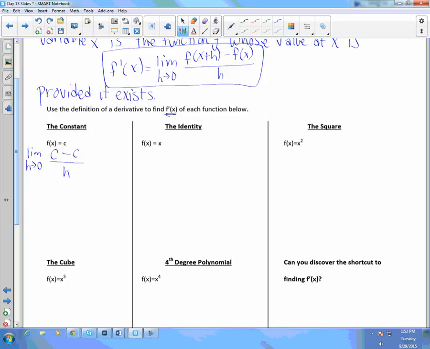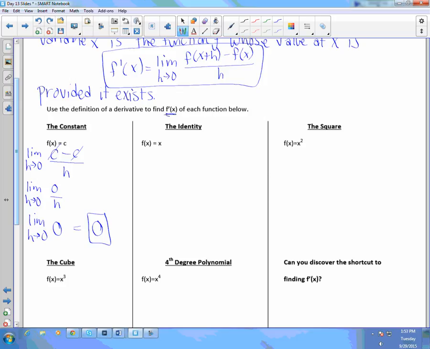If we're doing things right, everything without an h should cancel. c minus c cancels. So I have the limit as h approaches 0 of 0 over h. Well, what is 0 over h? 0. So we're finding the limit as h approaches 0 of 0, which is 0.